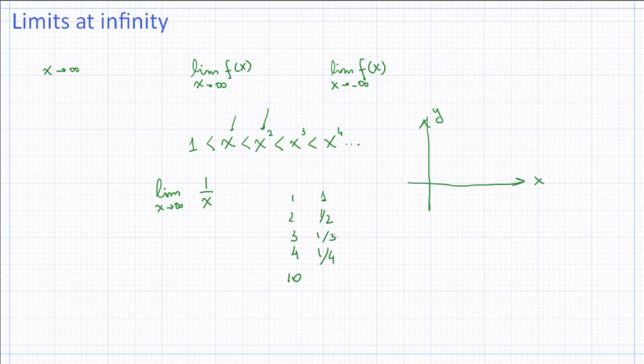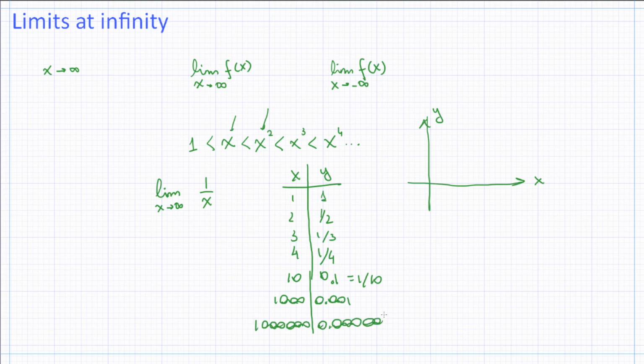When x is 10, this is x, this is y for this particular function. When x is 10, this is going to be 0.1, 1/10. When x is 1,000, it's going to be 0.001. When x is, I don't know, 1,000,000, it's going to be 0.000001. So when x tends to infinity, what would happen to y? We can see that y is decreasing.